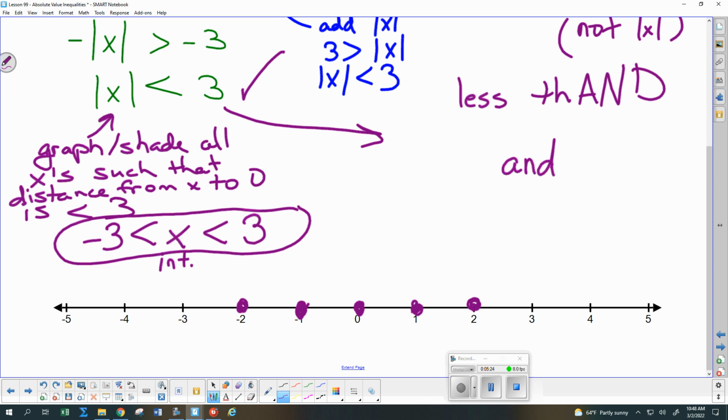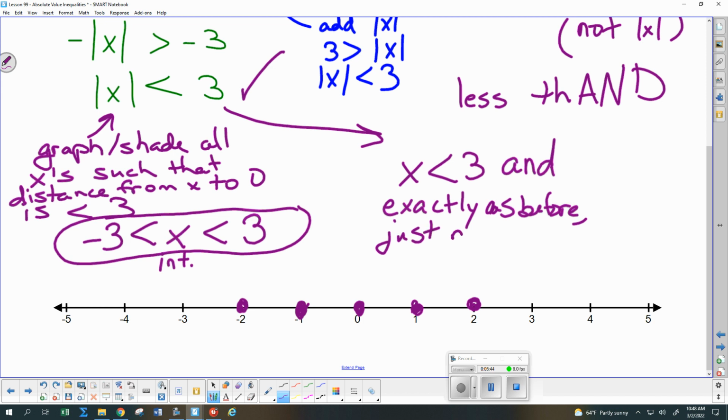One of them is going to be exactly like what I had here without the absolute value bars. So x less than 3, exactly as before, just no absolute value bars.